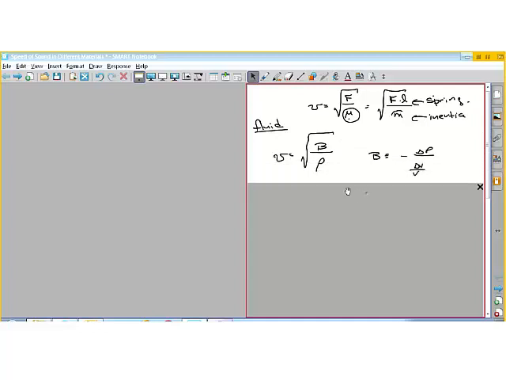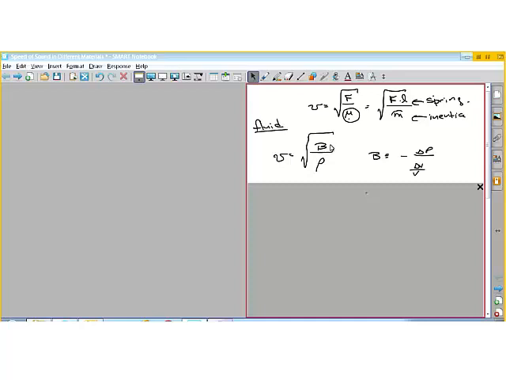So when you look at the speed of sound, you have an elastic term and you have a kind of inertia term. The inertia, this is density. So the density is kilograms per meter cubed.